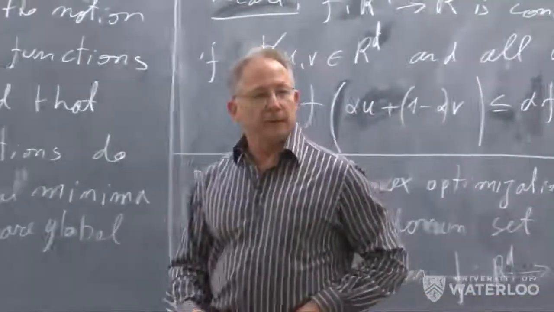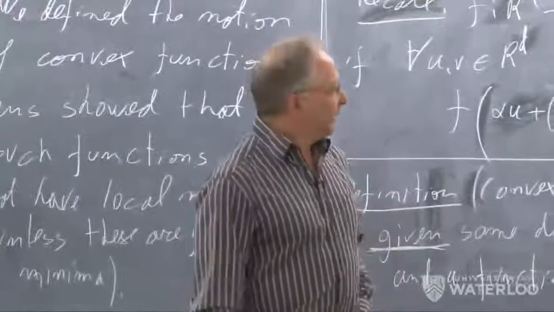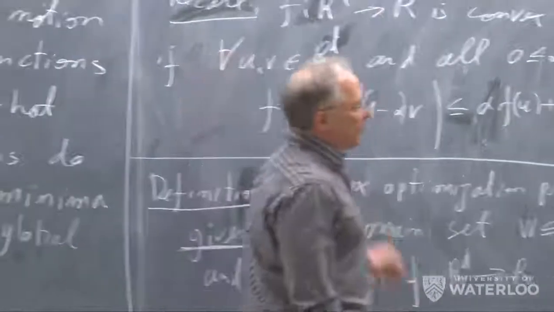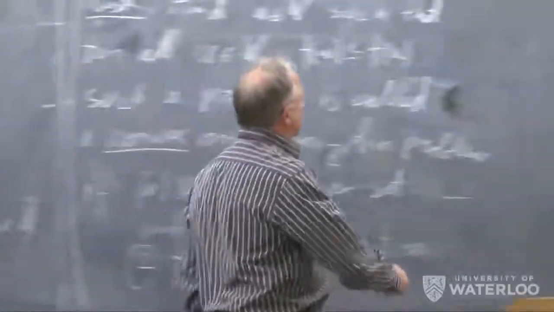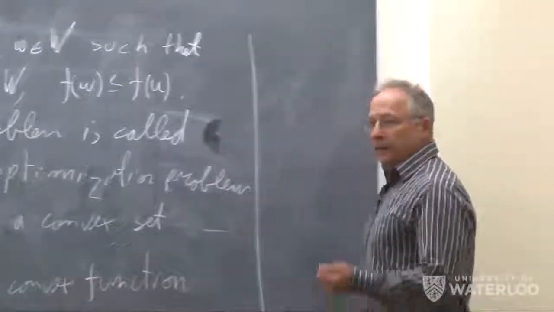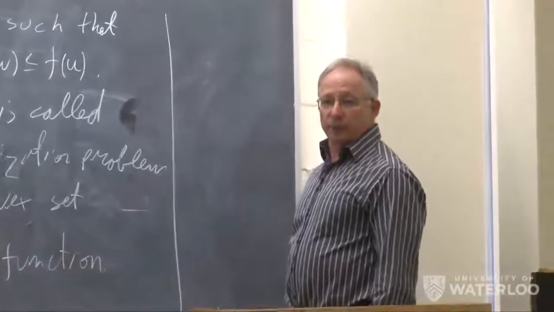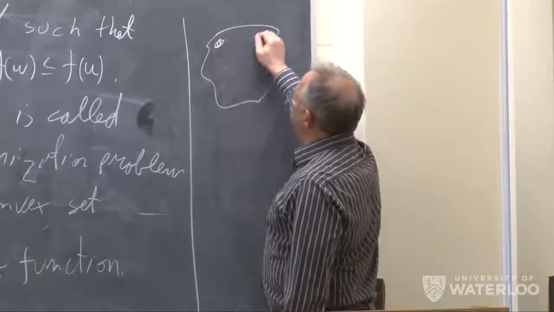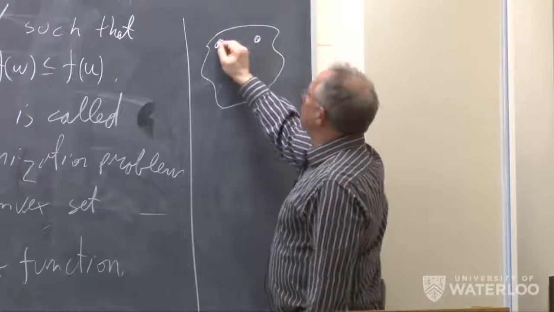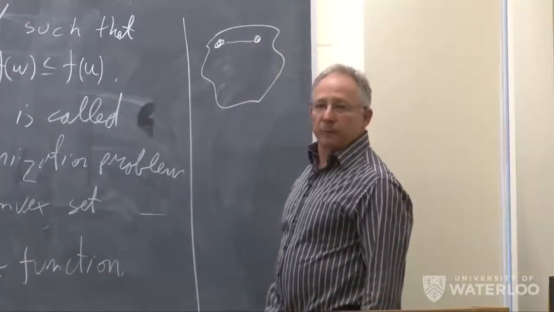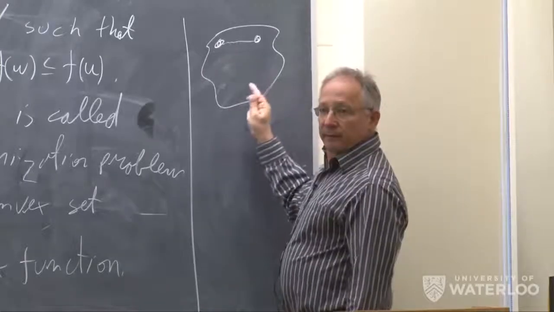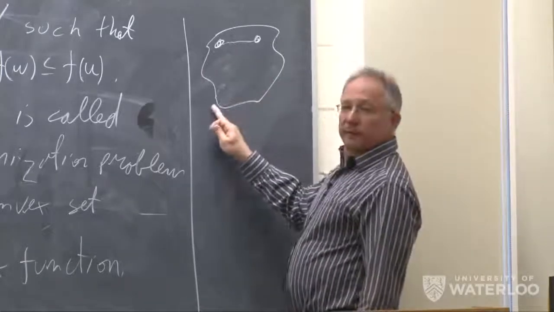Yes? What were the properties of convex sets again? OK. So we have here the definition of what's a convex function. And a convex set, I don't even have to give you the formal definition. Just let me remind you with a picture. A set is convex if for any two points in the set, the whole linear segment that connects them is contained in the set. So this is a convex set. Is this set convex?